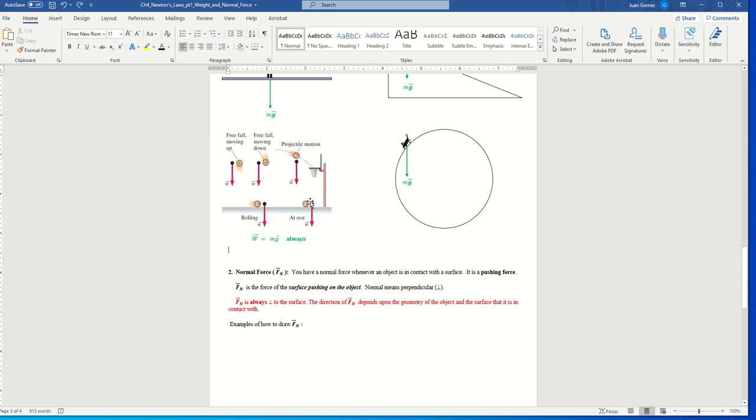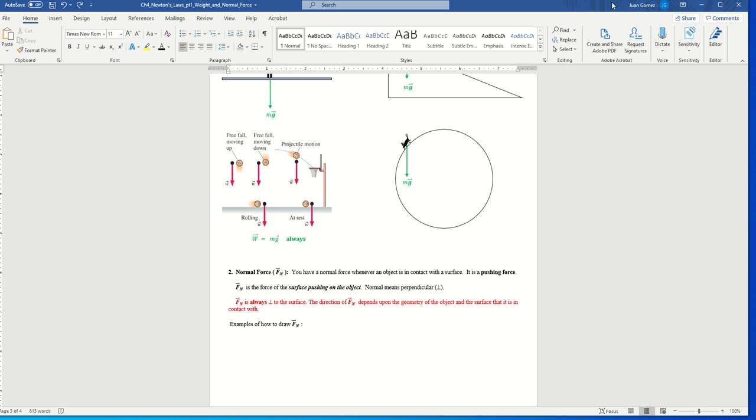Any object in the Earth's atmosphere, you don't turn gravity on and off, so you wouldn't turn the weight force on and off. So again, what is W? mg, always. What's the direction? Negative y. See that?